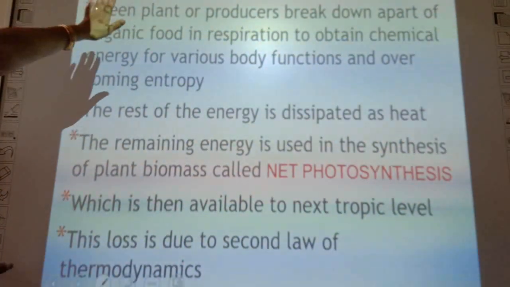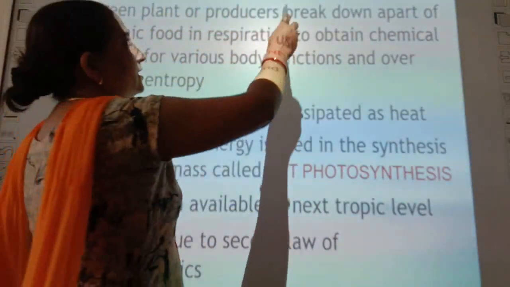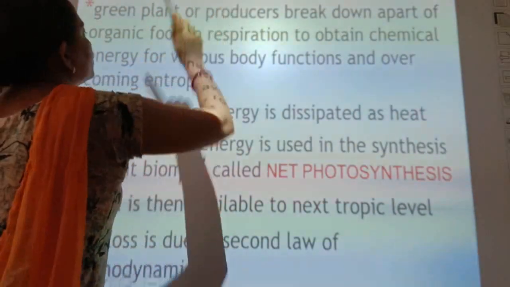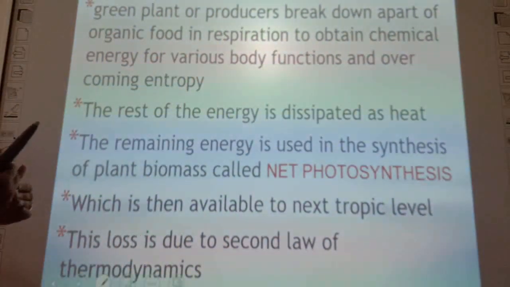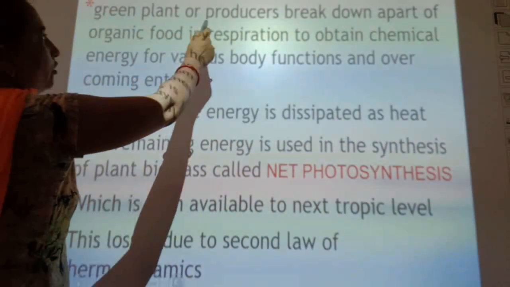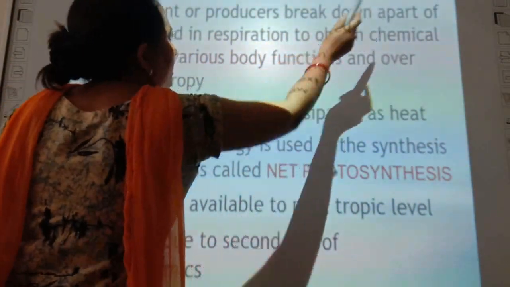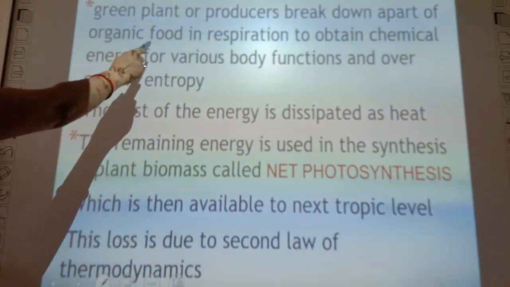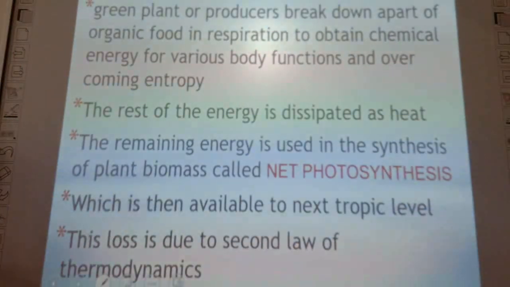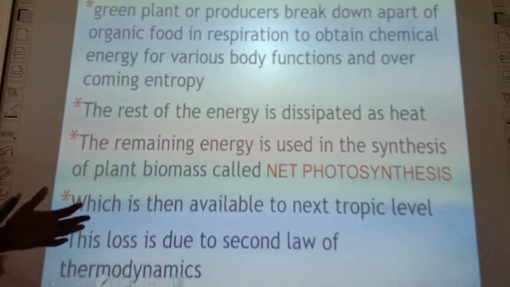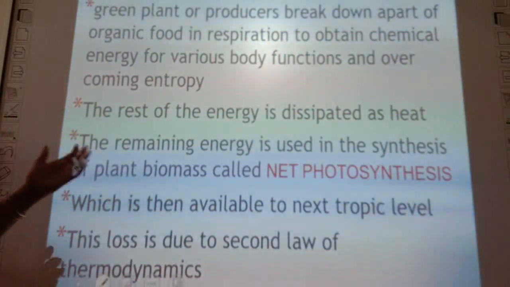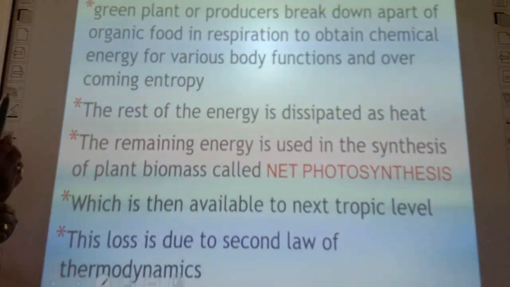By photosynthesis, solar energy is transformed into energy of foodstuffs, which is done by the green plant only. The green plant or producer breaks down a part of the organic food in respiration to obtain chemical energy for various body functions, and entropy comes in. The rest of the energy is dissipated as heat.